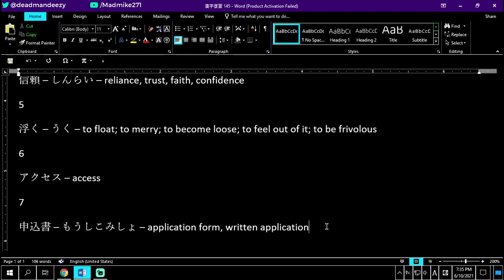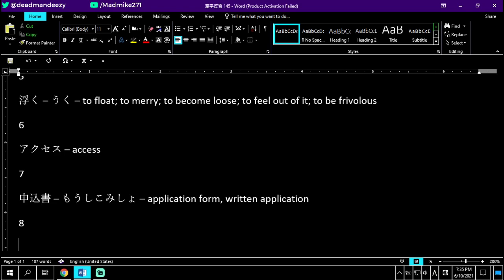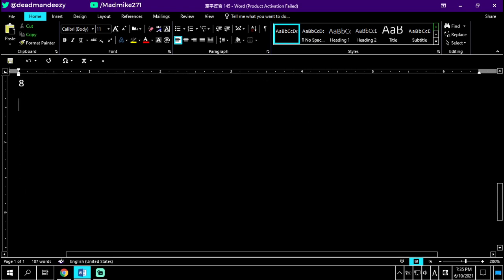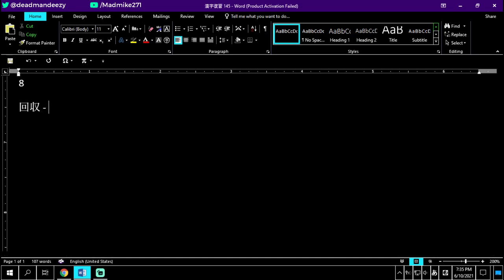じゃあ、8番 number 8。8番は何でしょうかな。回収。回収 is collection, recovery, withdrawal, or retrieval.